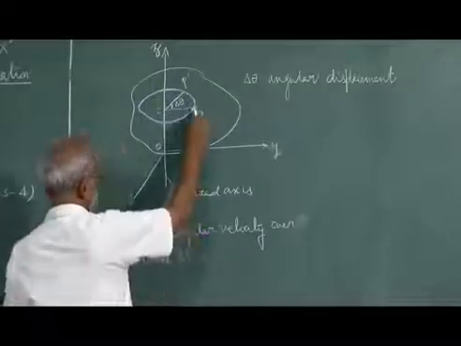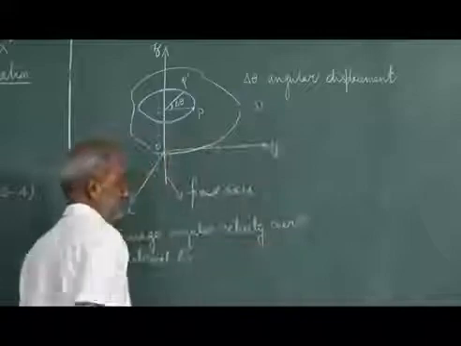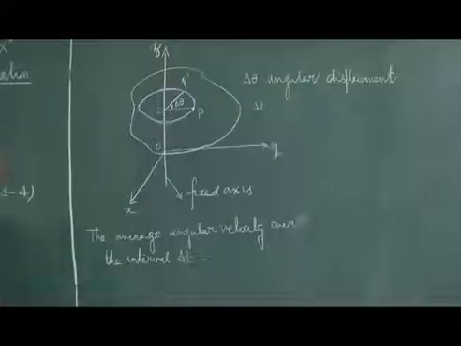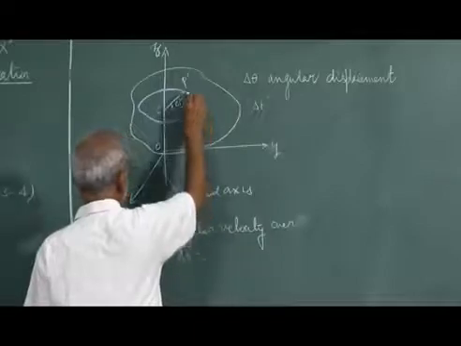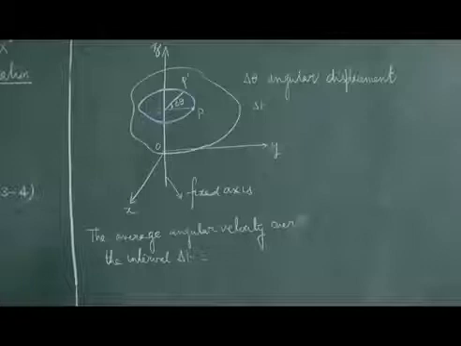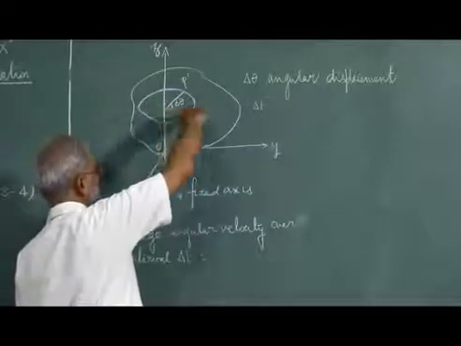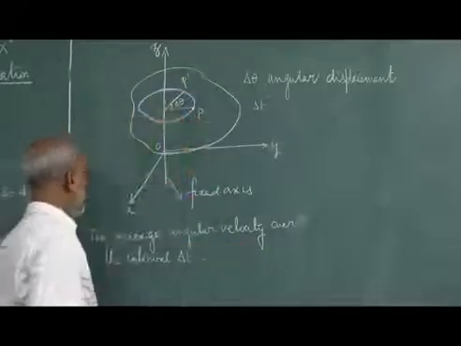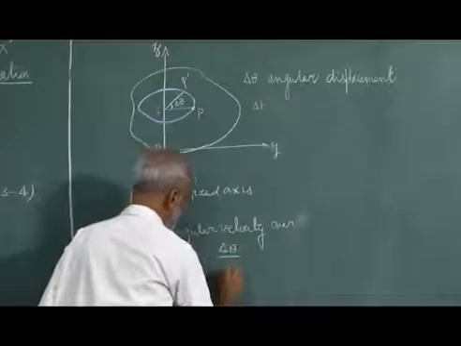In the infinitesimal time delta t, the point P goes from this position to P prime, and the corresponding angular displacement is delta theta. All these things are happening in a plane perpendicular to this board, you can see from the top. This is given by delta theta by delta t.